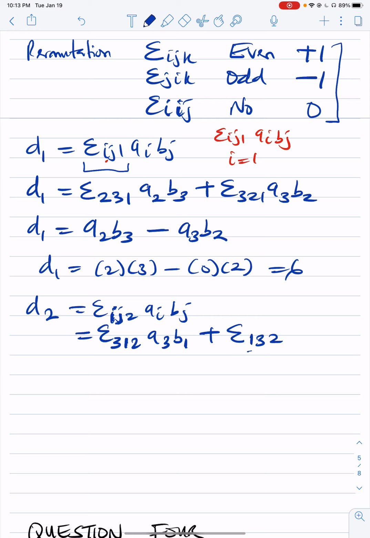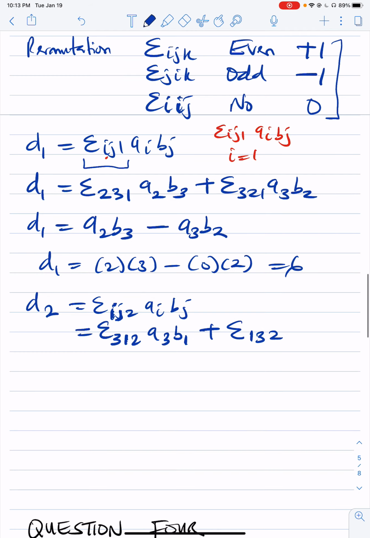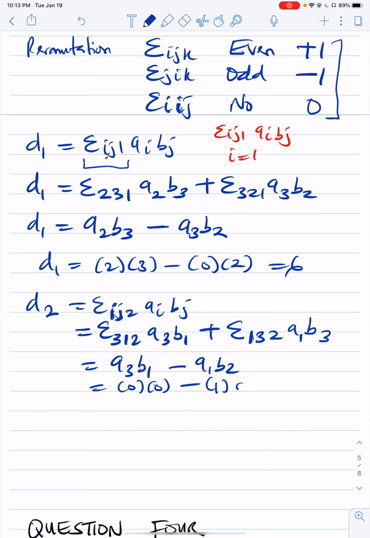If it's 2, this becomes 0 too. But it's only 1, 3, 2 that will give you a value, right? Then A1, and B_J is the middle one, 3, so this is 3. So if you check the values, 3, 1, 2 is a positive permutation, so it's A3B1. 1, 3, 2 is minus because that's not the right order, it's an odd permutation, A1B2. So this should be 0, 0, minus 1 times 3, equals minus 3.